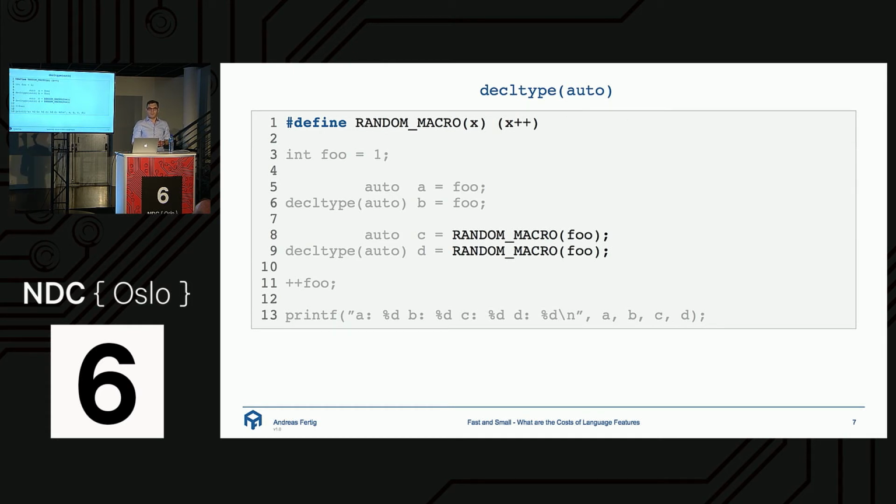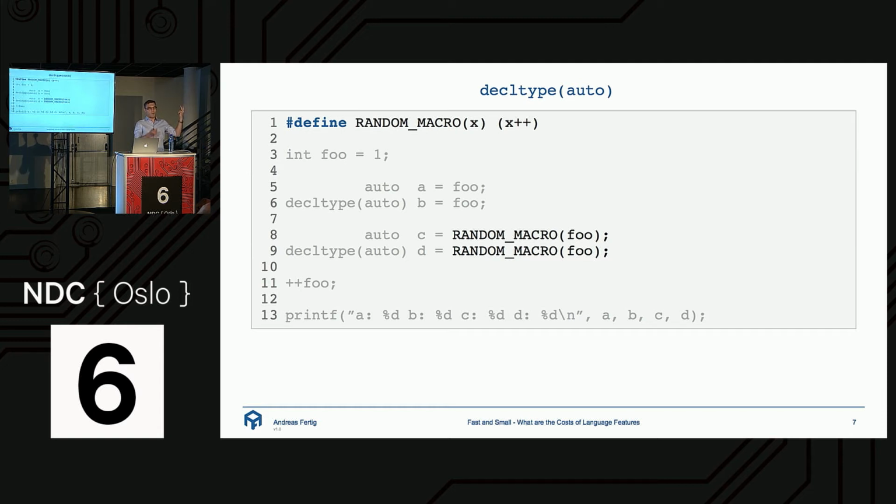That's not all. This is a slightly modified version of this no-brainer program. We simply do an x++, so we increment a variable which is passed to the macro function. And my question is once again, what's the output now? A is trivial, come on. 1, good.